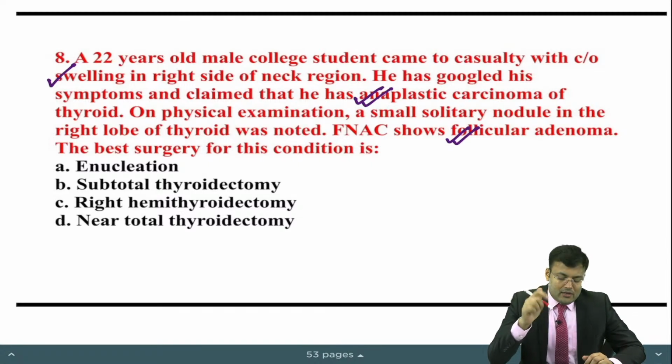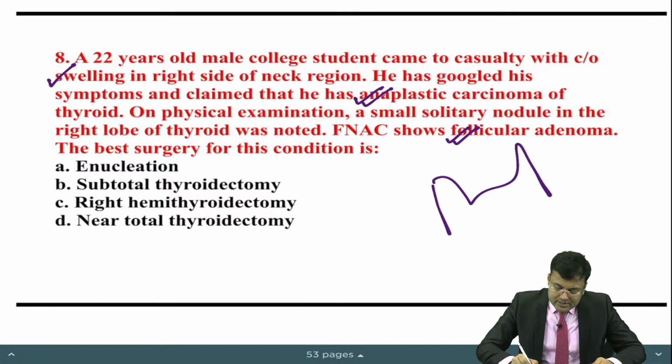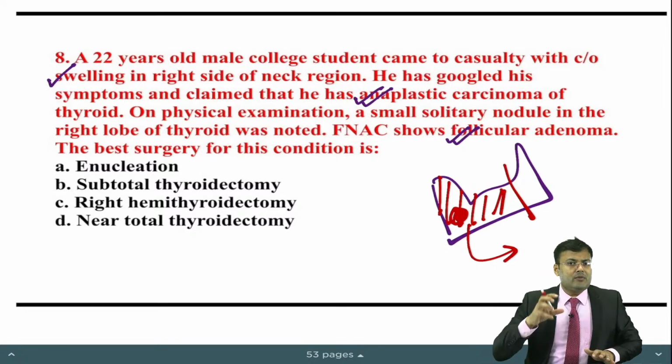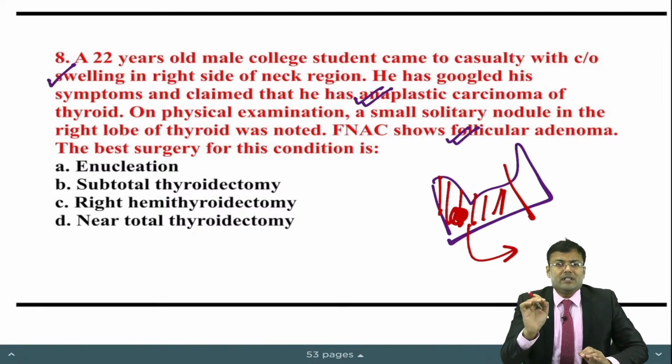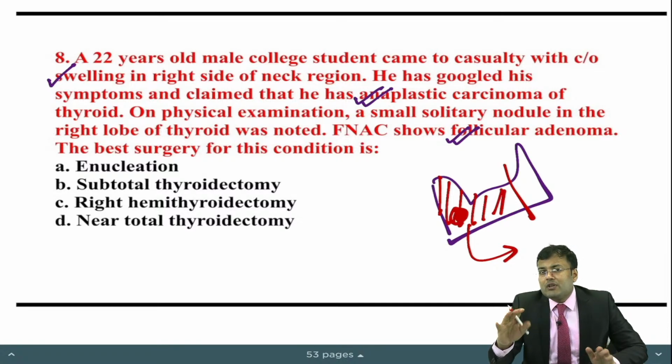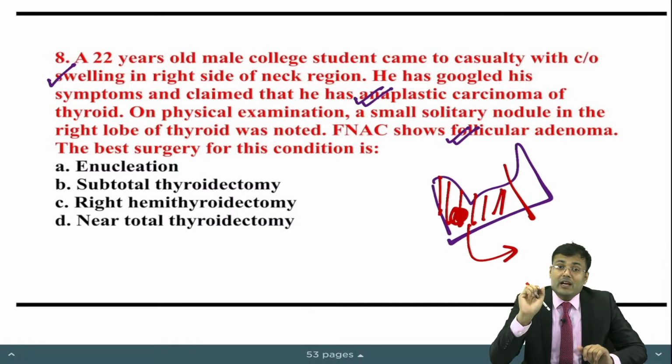Since in the right lobe of thyroid gland the lesion is there, so you perform hemithyroidectomy. When you perform hemithyroidectomy, you send this specimen to the pathology department, you get the report, and in the report, if there is no capsular invasion, there is no vascular invasion, it means there is no follicular carcinoma.